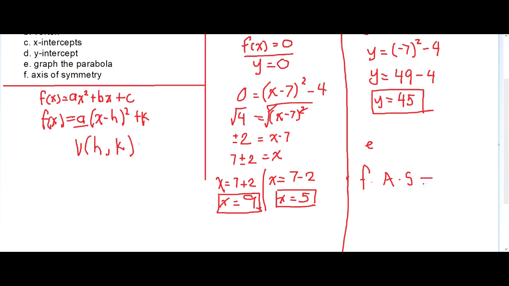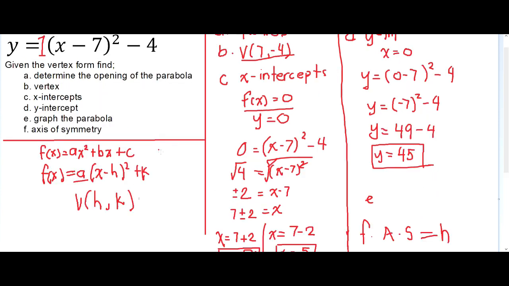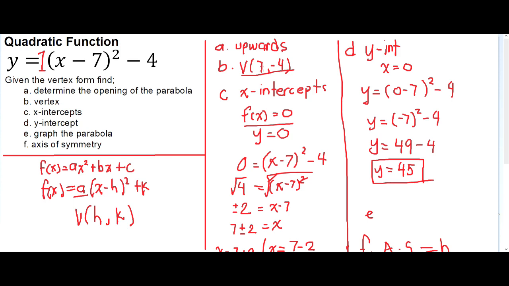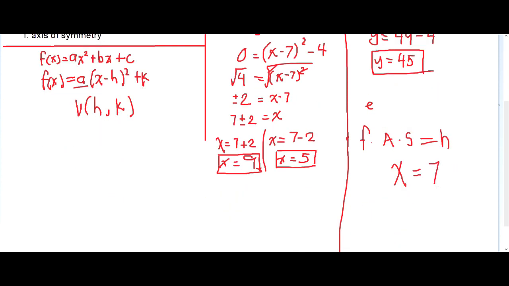Axis of symmetry is H. Kung ano man yung value na H mo, yun yung axis of symmetry mo. Sabi mo na, x is equal to, ano ba yung value na H mo? Positive 7. Yun lang.